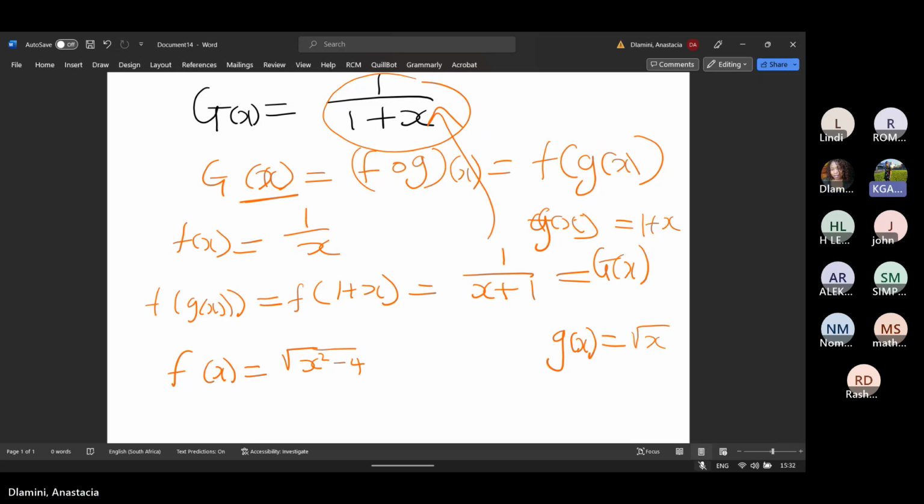Repeat the question, you say. If I do the composite f composite g, will I get 1 over 1 plus x? Yes or no? Hmm. It means that we can't use these ones. So let's try another one. Okay. Thank you.